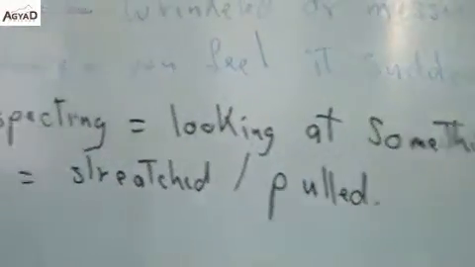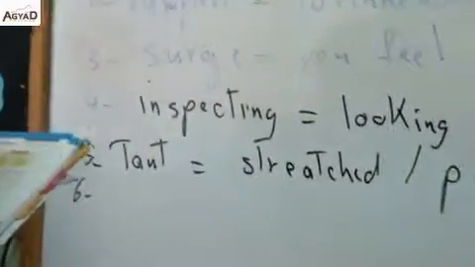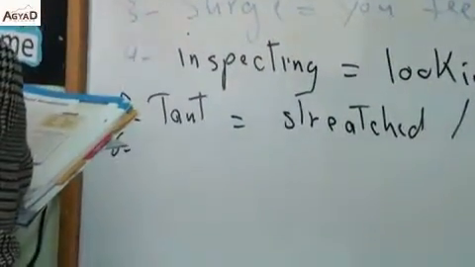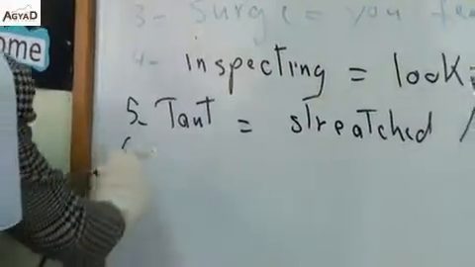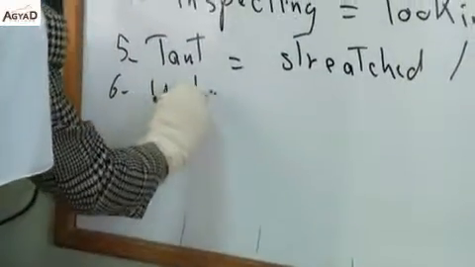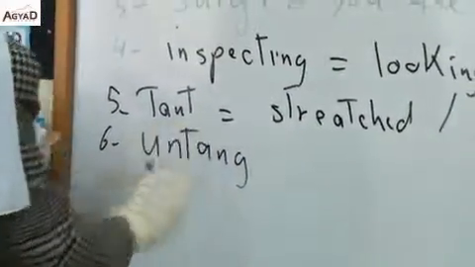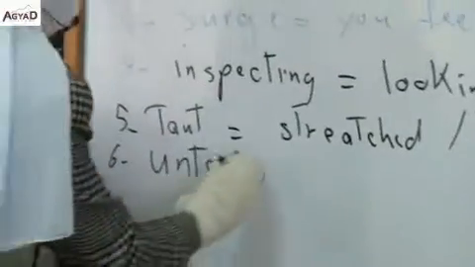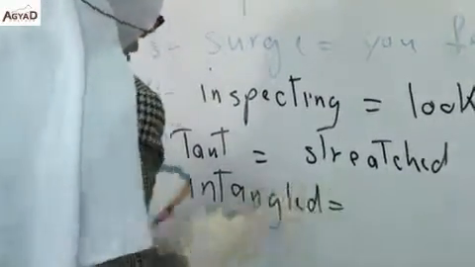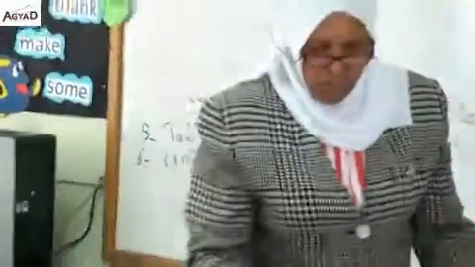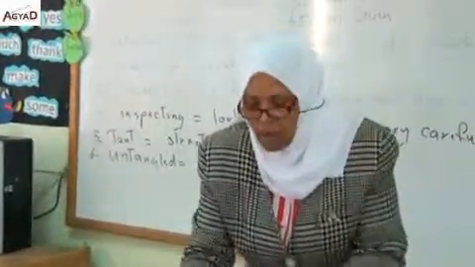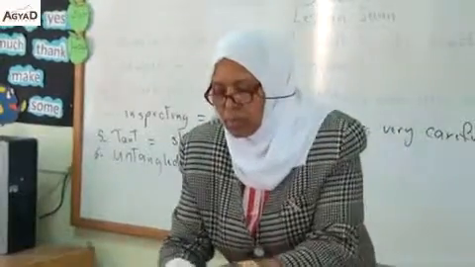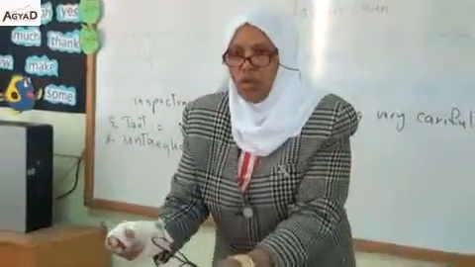Number 6, I have the word untangled. For example, I'm sorry, maybe I have to use this one here. If you have a knot in a rope, this is a knot.